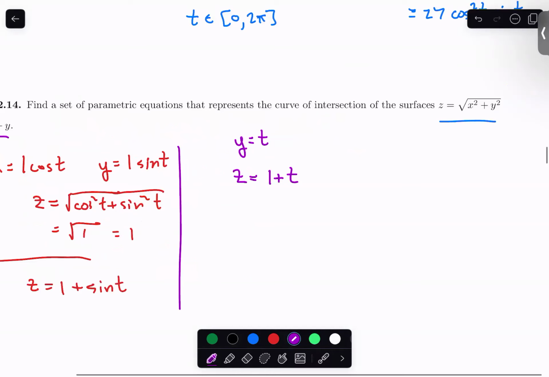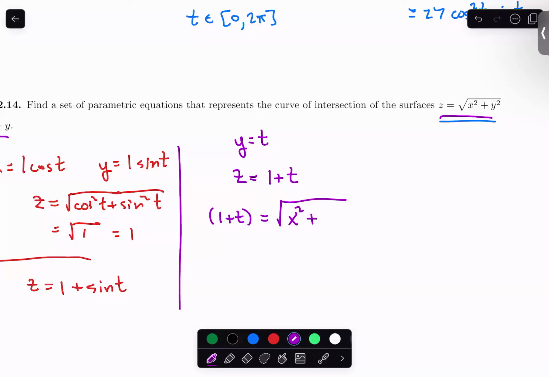My other equation has an x in it. Hopefully I can solve for x with this. So let's go ahead and plug these things in. z is supposed to be 1 plus t, and then on the right-hand side, we have x squared. Again, ultimately we're trying to solve for x. And then y is supposed to be t, so this is going to be plus t squared, since it's a y squared there.